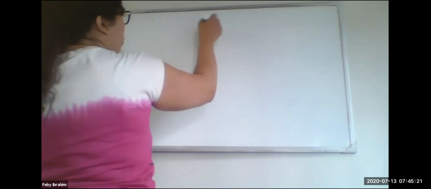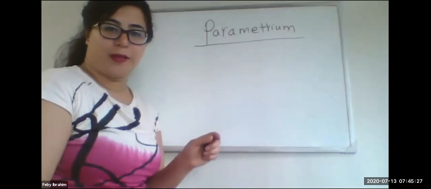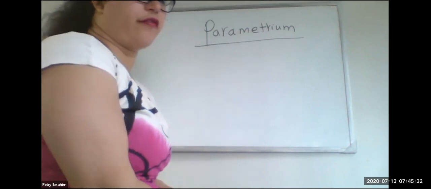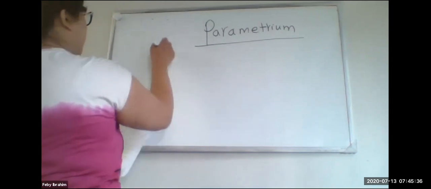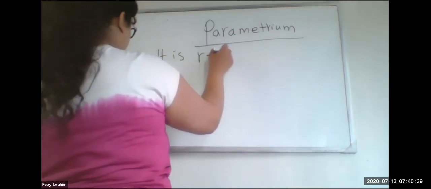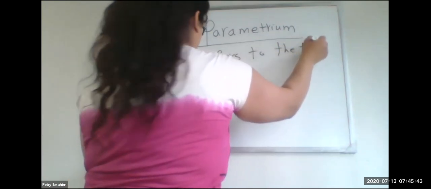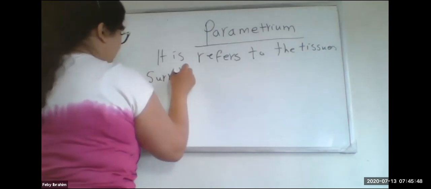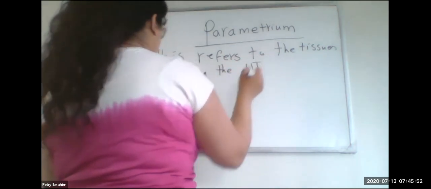We have something called the parametrium. Parametrium is not a layer of the uterus, but it refers to the tissues surrounding the uterus.